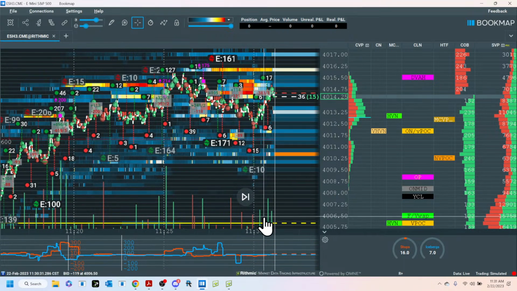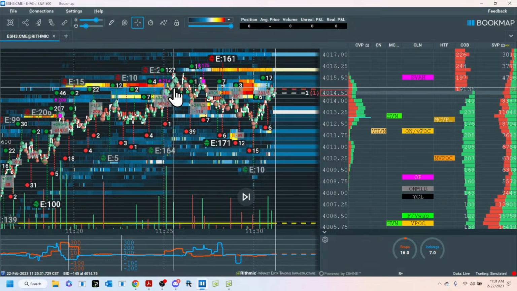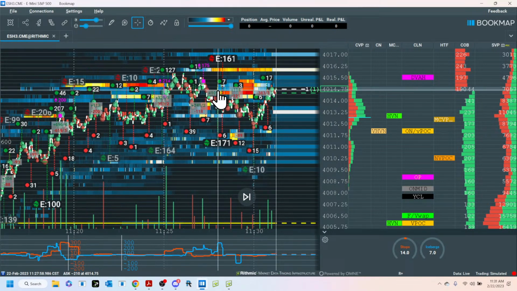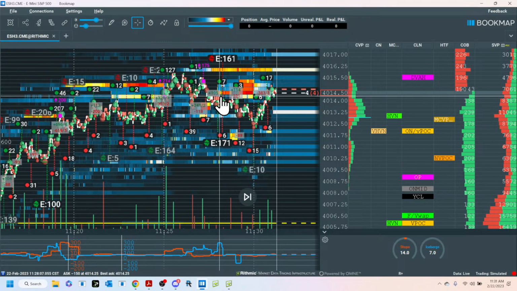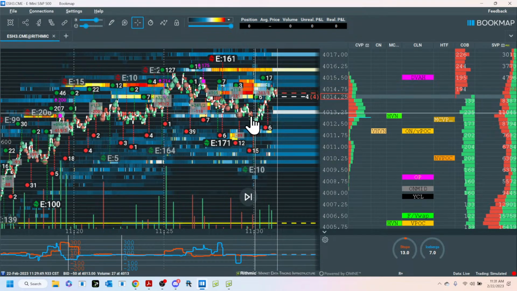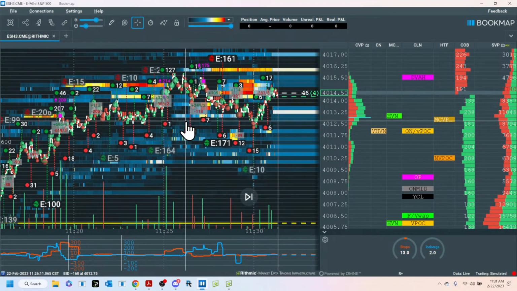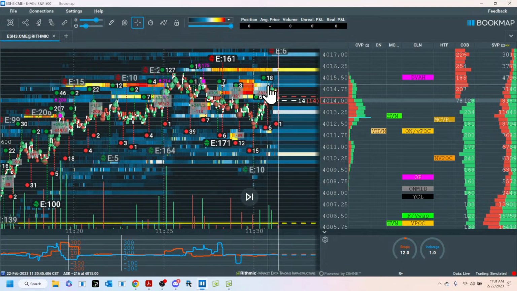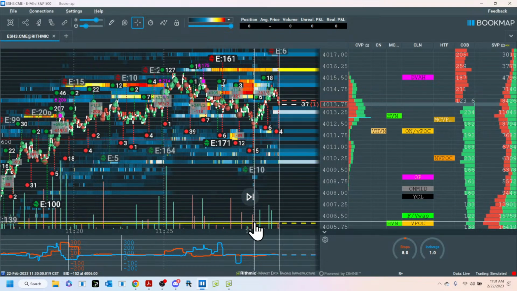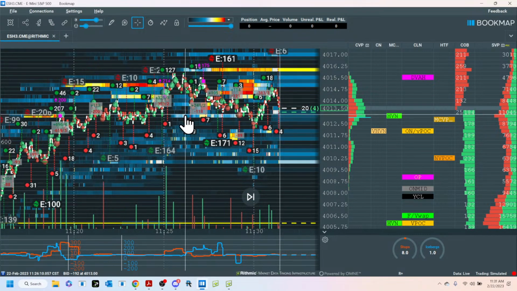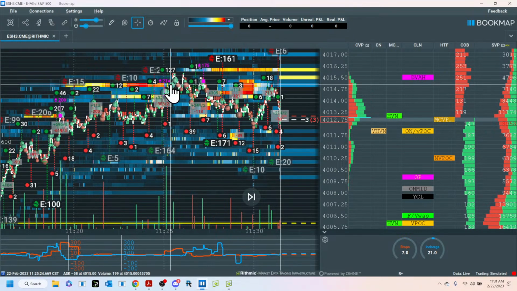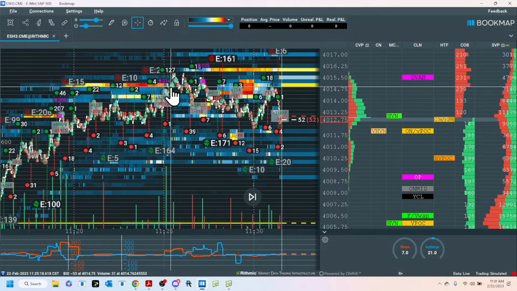What is the probability that if I manage the trade with a certain process, what is the best way over time to do it? We all think we want to go for this, but the market participants may have a different idea. We don't have any control over what they do. We only have control over what we do. And the statistics give you the ability to manage the emotions.